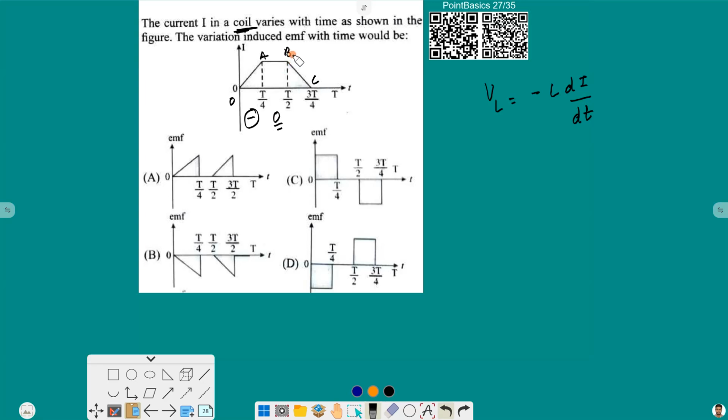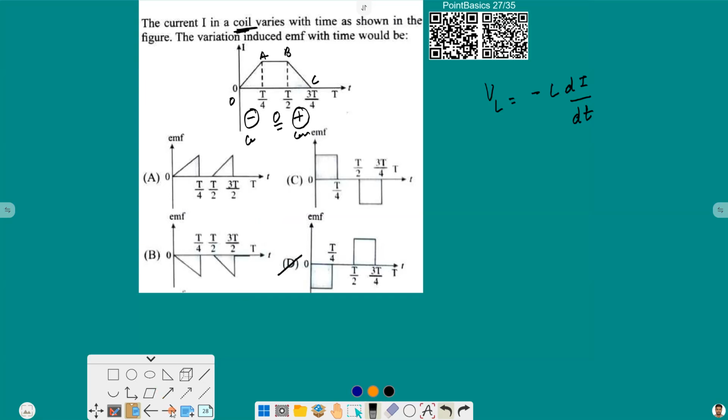And B to C, di by dt is negative, so here we will have positive induced EMF. And this is also constant, as the current is increasing and decreasing at a constant rate. If we match this, then option D, where initially we have negative constant EMF, then it becomes 0, and then it becomes positive EMF. So option D will be the right answer here.